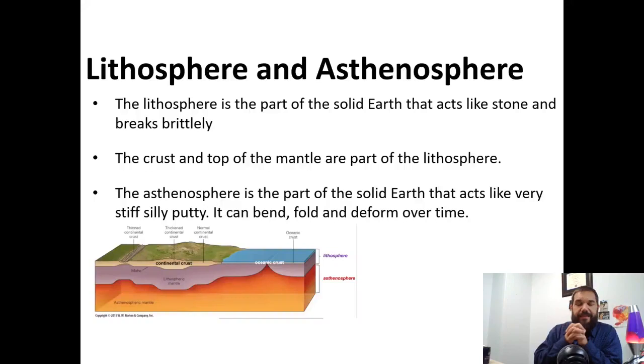So we need to get into this important distinction in the mantle. It's called the distinction between the lithosphere and the asthenosphere. And I do believe I have some questions about that, at least on the back page, about the lithosphere and asthenosphere. So the lithosphere is the solid part of the Earth that consists of the crust and uppermost mantle.